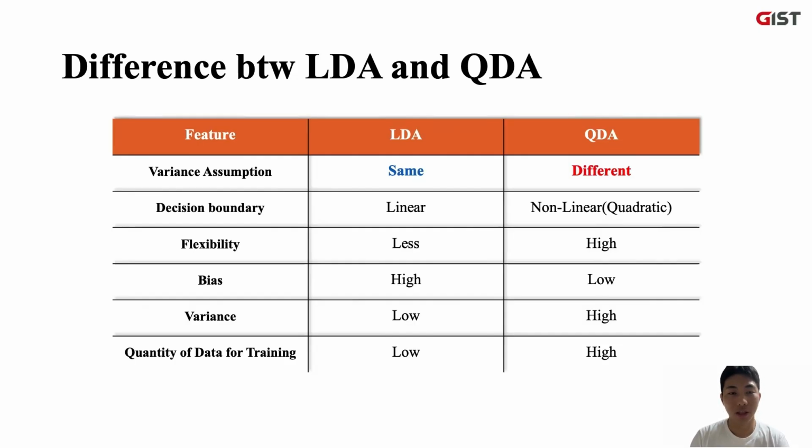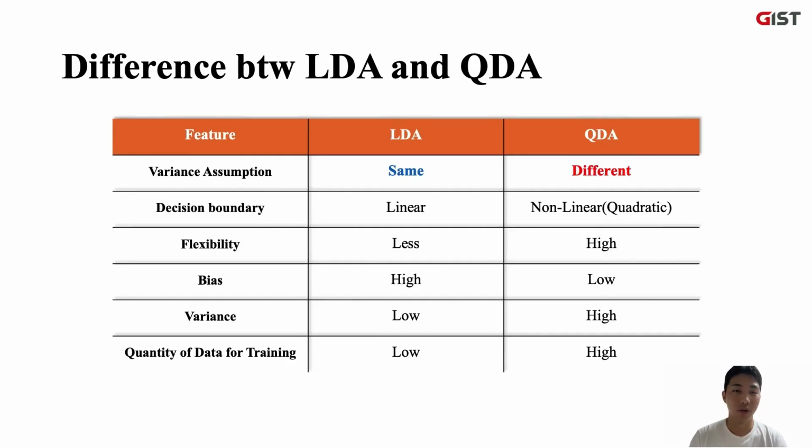This single change dictates the shape of the decision boundary. Thanks to the equal variance assumption in LDA, the x squared term in the discriminant function is removed, creating a linear boundary. In contrast, for QDA, the x squared term remains, resulting in a non-linear quadratic boundary.